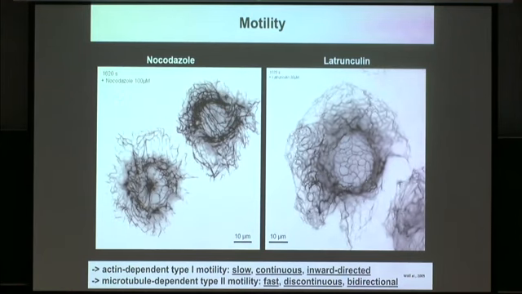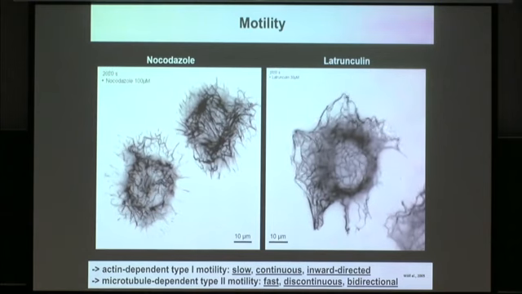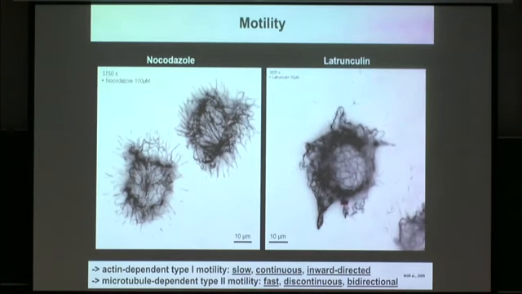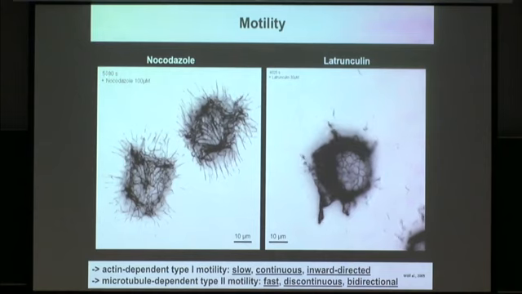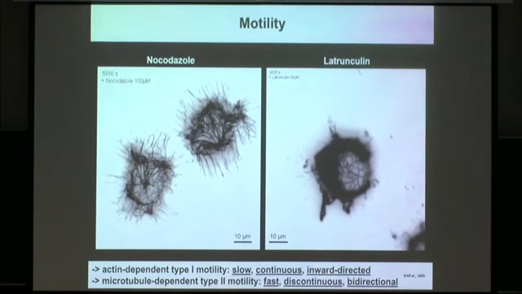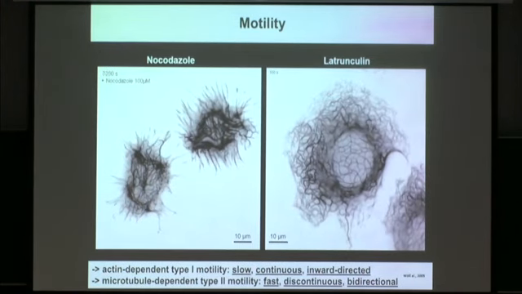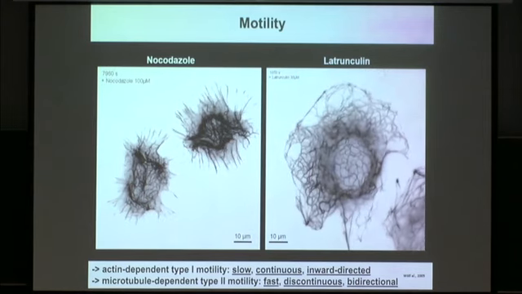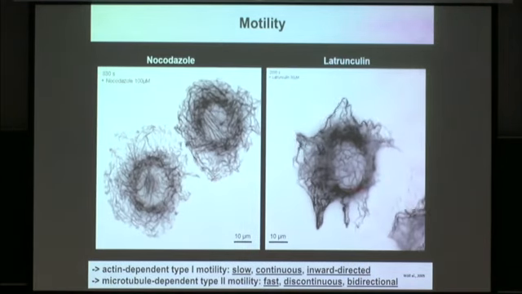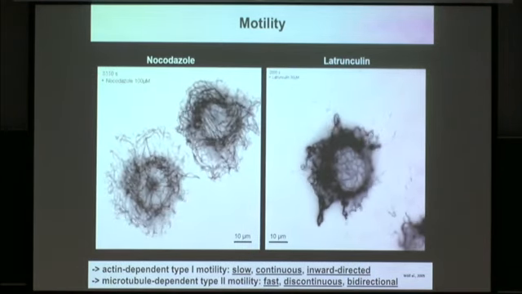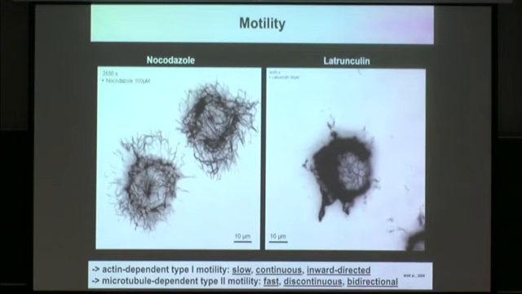But conversely, if you treat cells with a drug that disrupts the actin filaments, in this case latrunculin, you again find a collapse of the network, and now you see the particles out there are not static. They still move, and now they show the signature phenotype of a different type of motility. It's much faster, almost two orders of magnitude faster. It's not continuous. It is a stop-and-go kind of motility, and it's bidirectional, which identifies it as a microtubule-dependent motility.